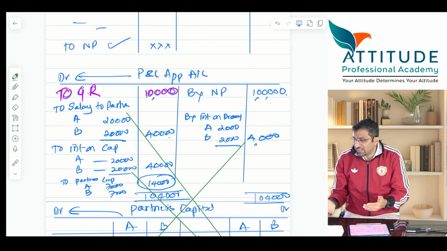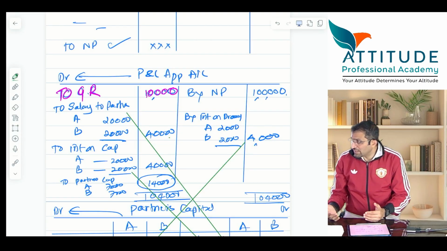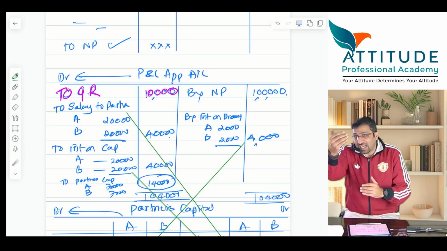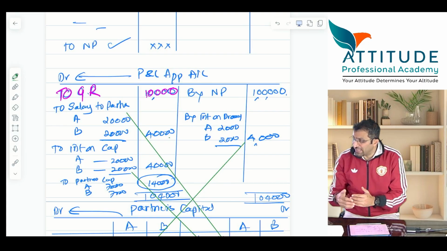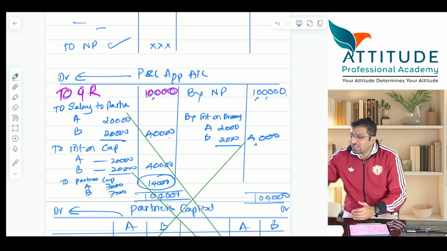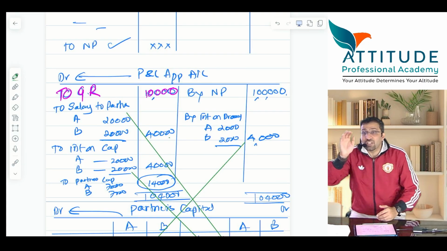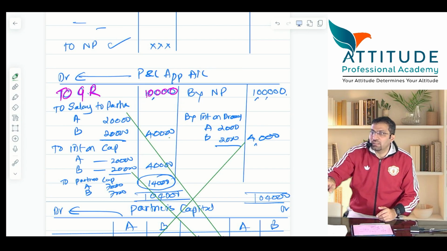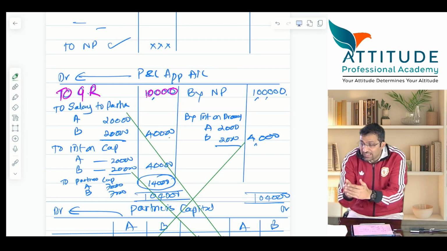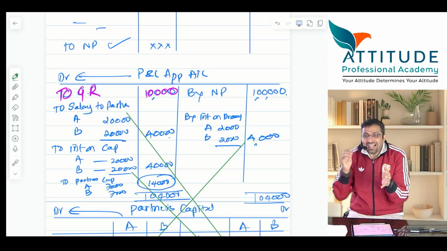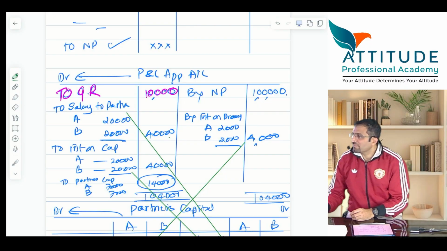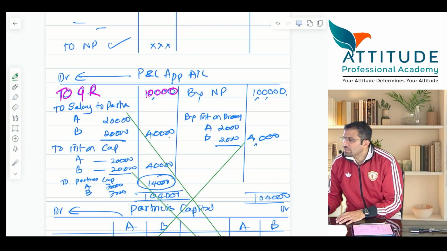Might be someone is having some kind of a BP issue or sugar issue. आगे अगले महीने मुझे क्या लेना पड़ेगा? गोली लेना पड़ेगा. इसके लिए रिजर्व करोगे या प्रोविजन करोगे? प्रोविजन. प्रोबेबल लॉस के लिए प्रोविजन. That will also come in P&L. प्रोविजन करने के बाद देखो कुछ बचा है क्या? अगर कुछ बचा है, from that you create what? रिजर्व. Understood? Is that clear?